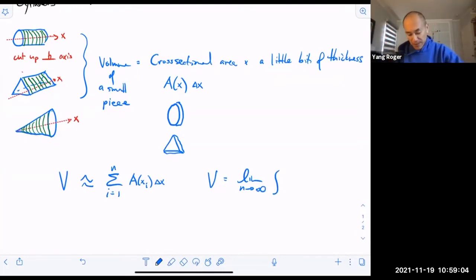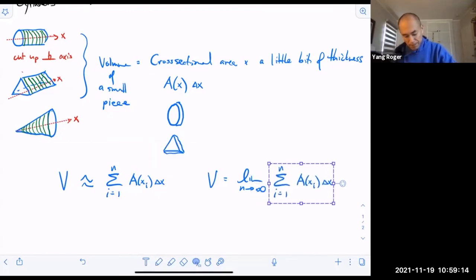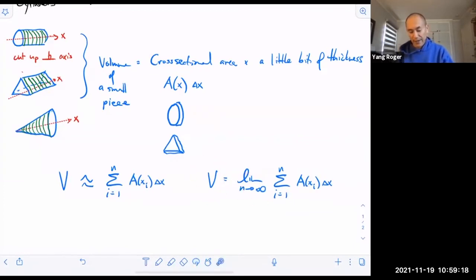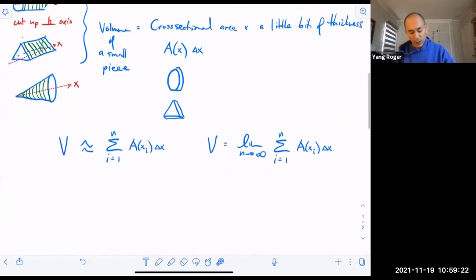So then our volume is actually going to be equal to the limit as we let n go to infinity. And what this leads us to is an integral.